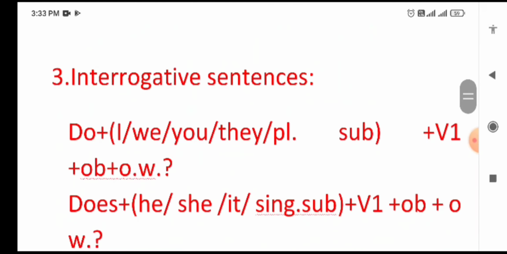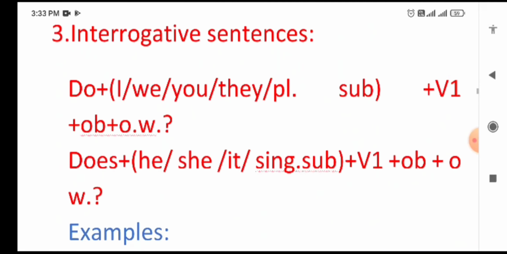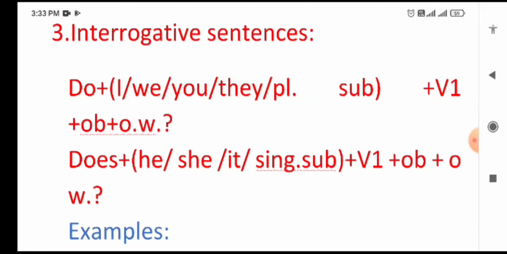And the next sentences are interrogative sentences. In interrogative sentences, questions are asked. If questions are asked, then helping verbs do or does are used before the sentence. Again, if your subject is I, we, you, they or a plural subject, then you have to use do before the subject.